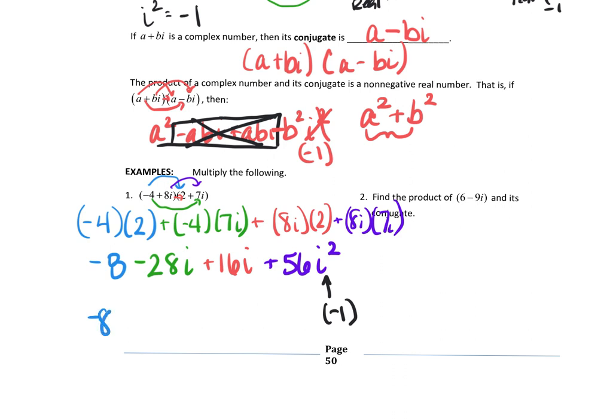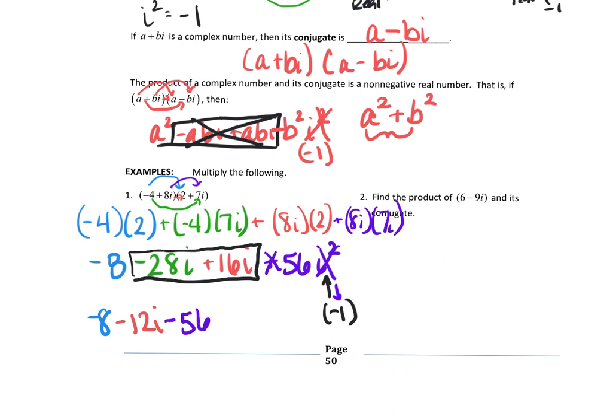-8. We can clean up the imaginary parts because they both have I. -28i plus 16i is a -12i. And this back part now, because you have the -1, this positive is going to flip its sign to a minus 56. And you get a real part now because I squared is just equal to -1.